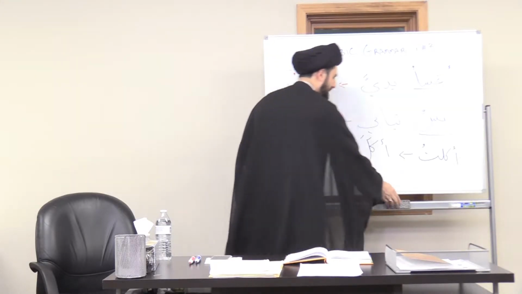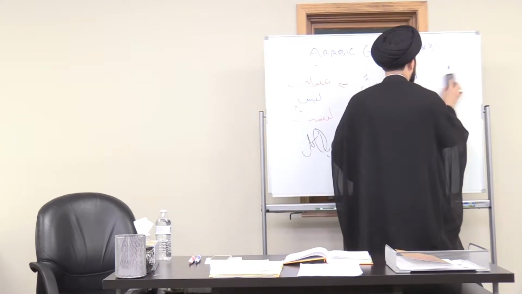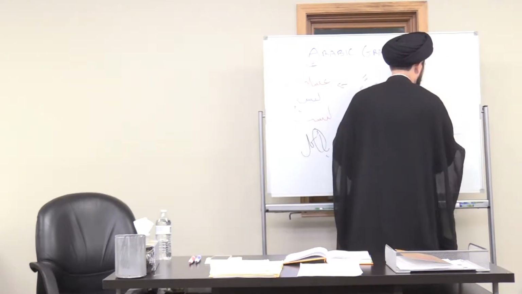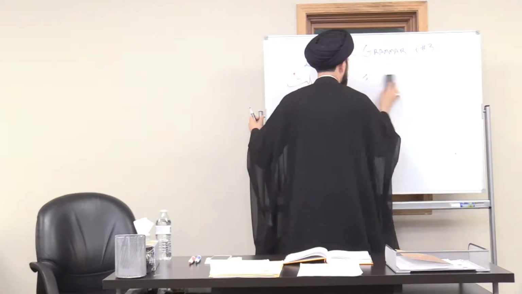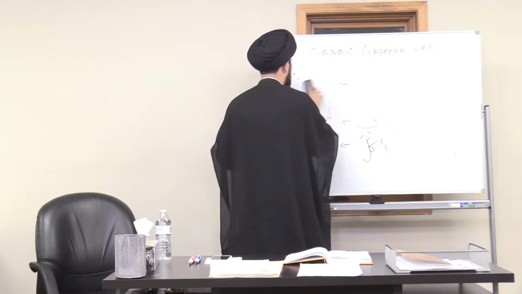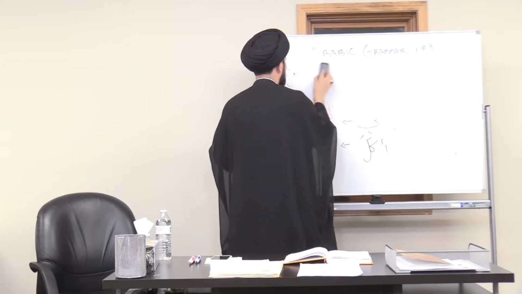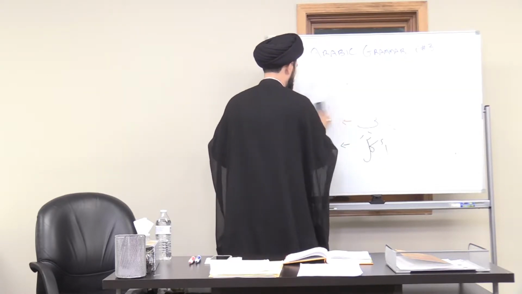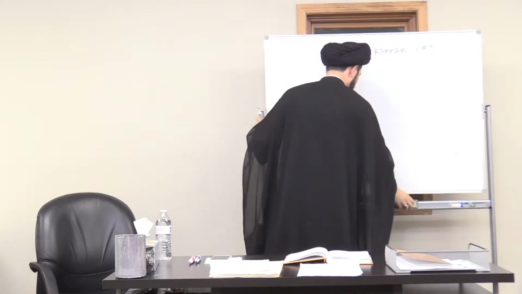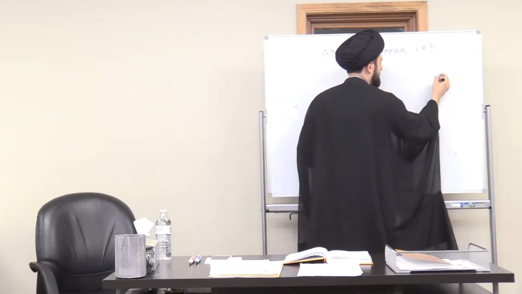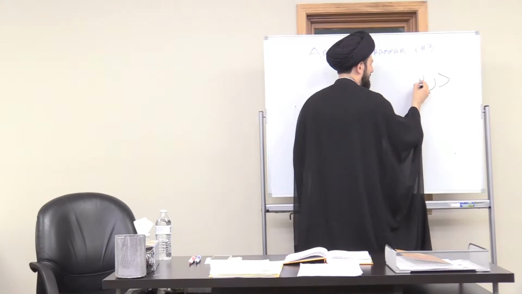Let's give some more examples so we can clarify this. Now, because this one had the alif, it could be a little bit confusing for now. Let's choose a word that has no alif. Give me a simpler verb. Darasa. What does darasa mean? Study. So the word darasa.